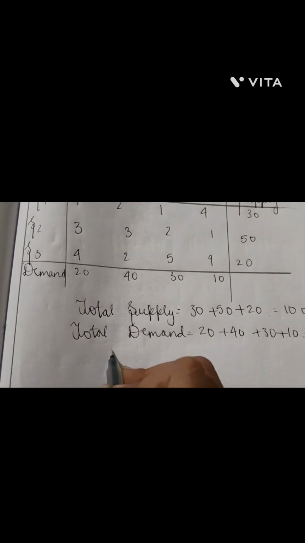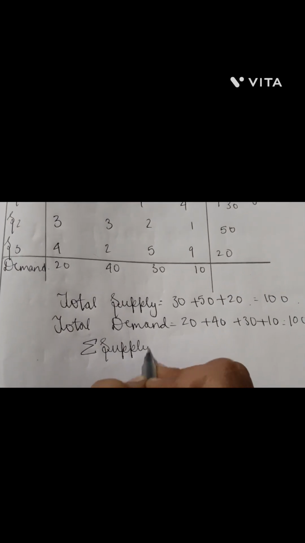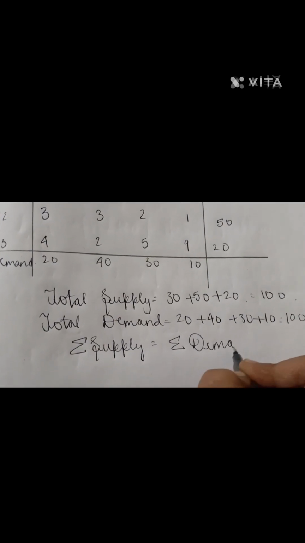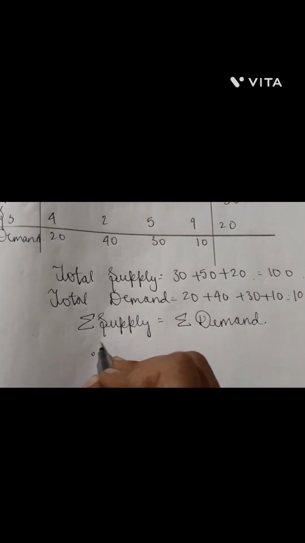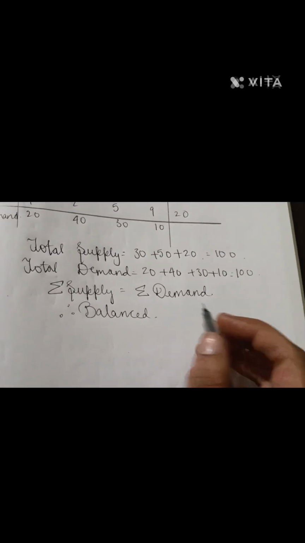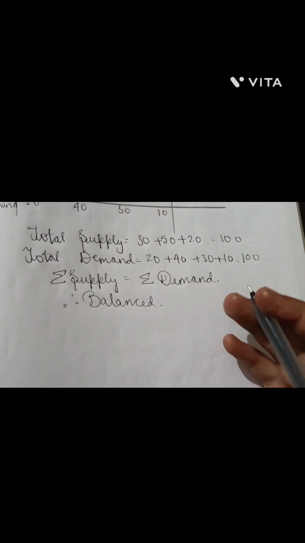So we can now say that it is a balanced problem, since the total supply is equal to the total demand. Since both are equal, the problem is balanced. Now we begin the least cost method.